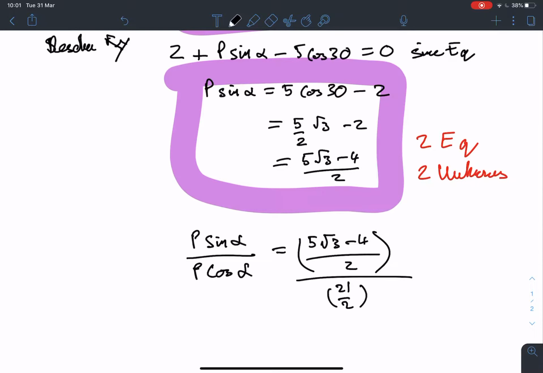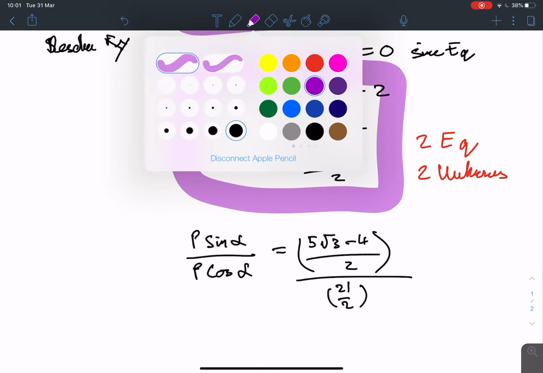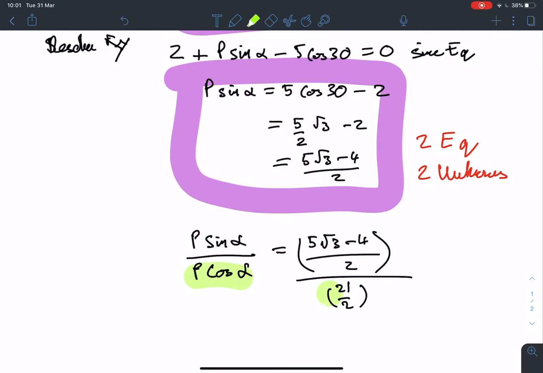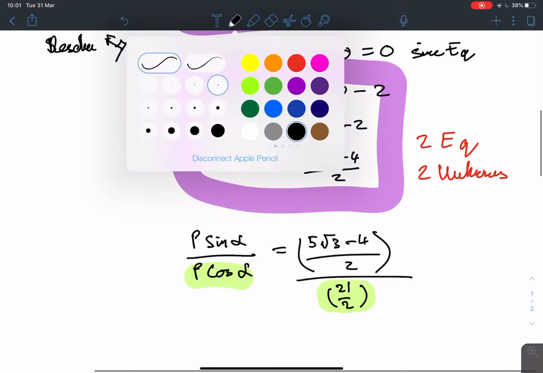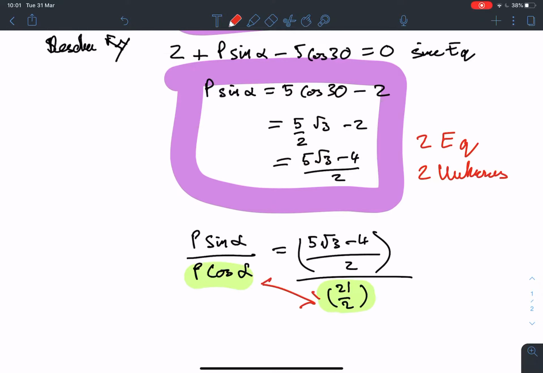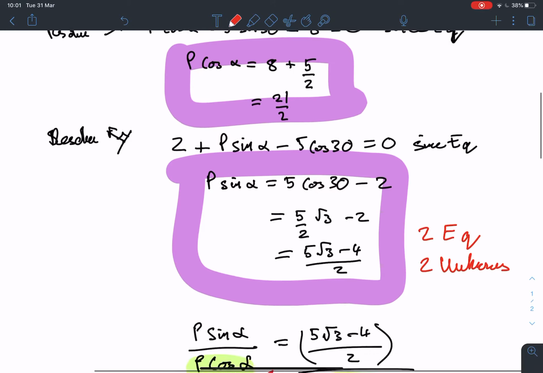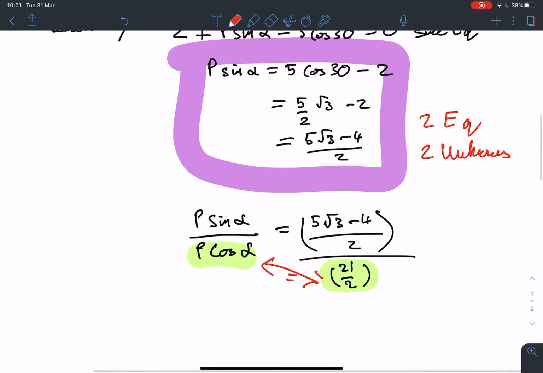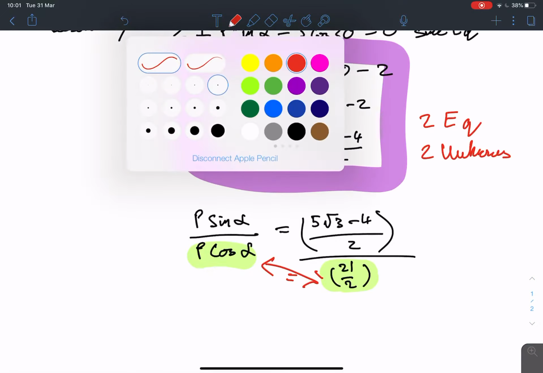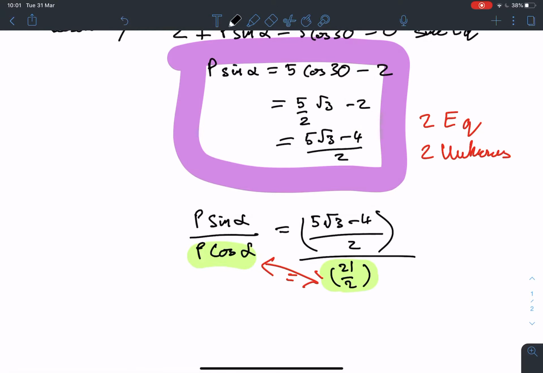Although they look different, we are dividing both sides by the same thing, because these two bits are the same. They're equal, aren't they? From above, we've got P cos alpha equals 21 over 2.